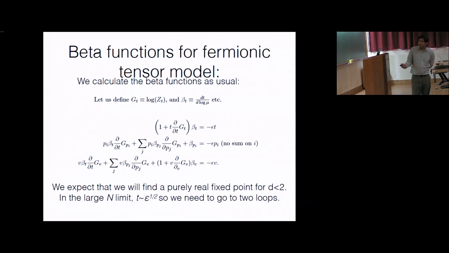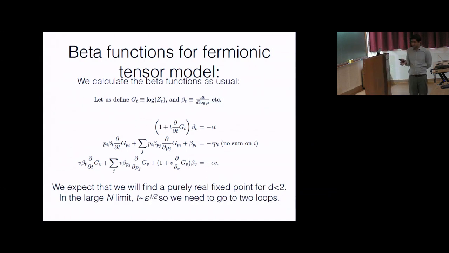So you get a coupled system of finite-N beta functions. This calculation is almost finished, but it's not completely finished, so I'm not going to be able to report the results of the 2 minus epsilon beta function.